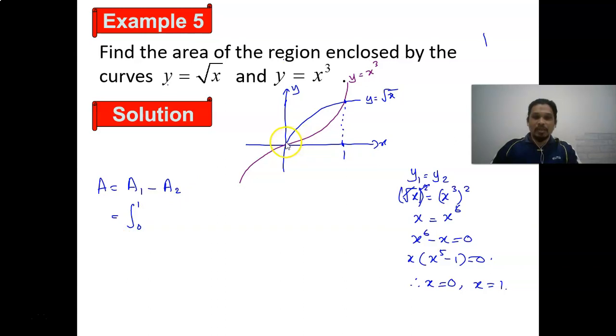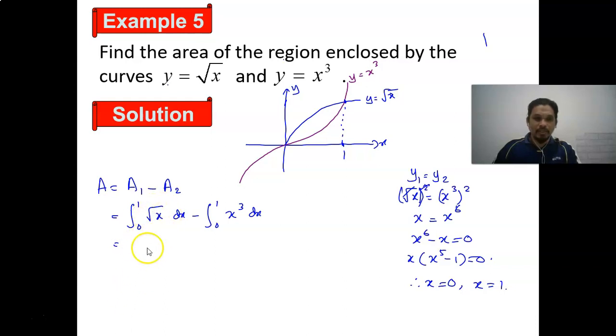Now we determine which graph is above: y equal to square root of x is above this graph, right? So this comes first, the integral of square root of x dx from 0 until 1, minus the integral from 0 until 1 of the graph below, which is y equal to x cubed, x cubed dx.